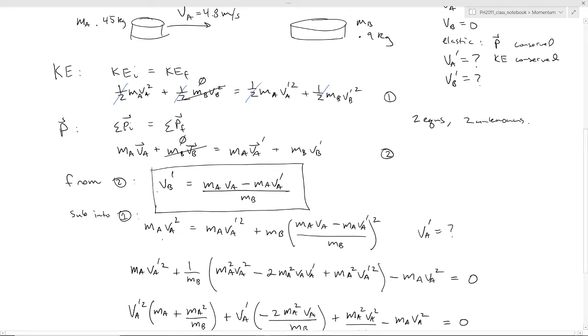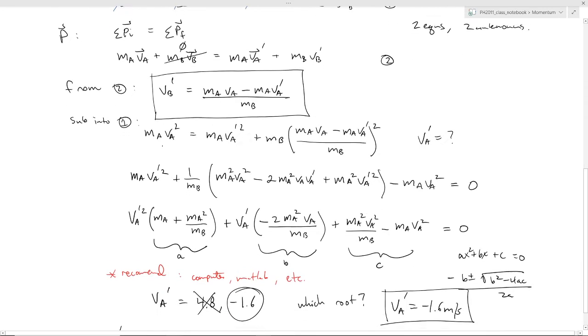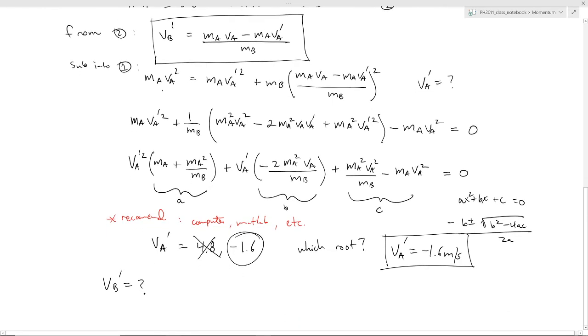Well, now we know what VA prime is, so we can substitute it in. So VB prime will equal MA VA minus MA VA prime, all over MB.